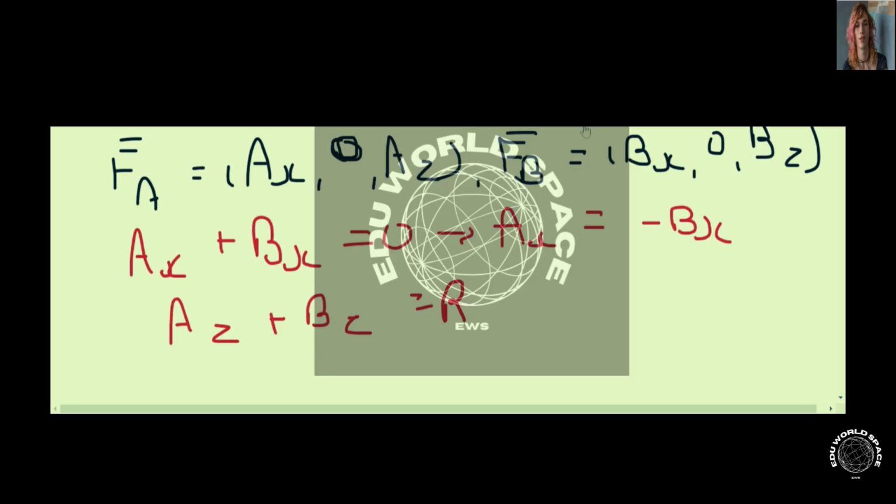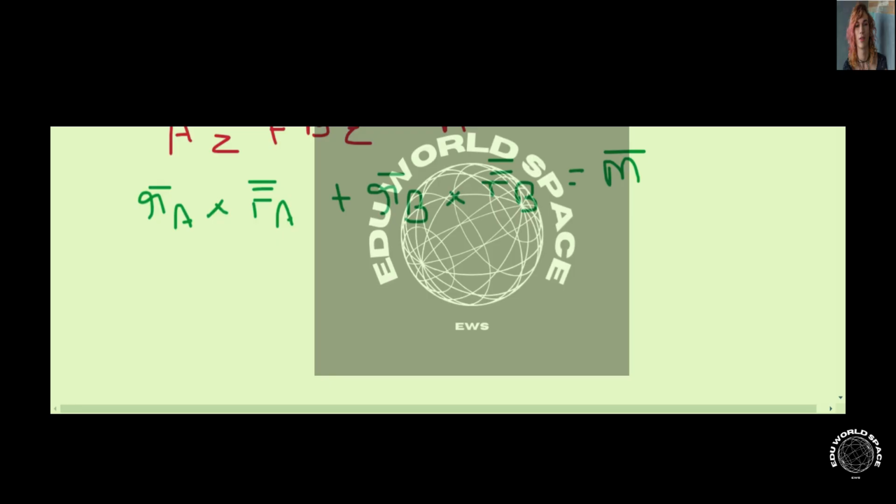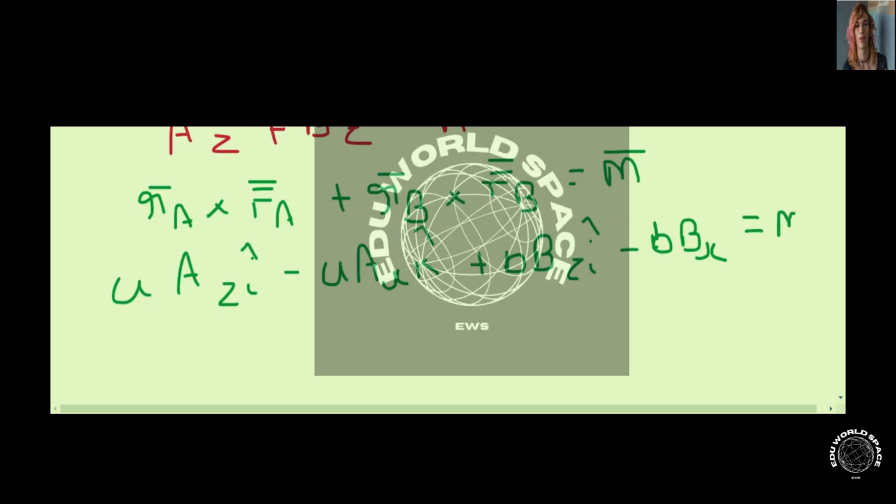So Ra cross Fa plus Rb cross Fb is equal to M. Solution of this cross product gives us a·Az i minus a·Ax k plus b·Bz i minus b·Bx k is equal to M k.